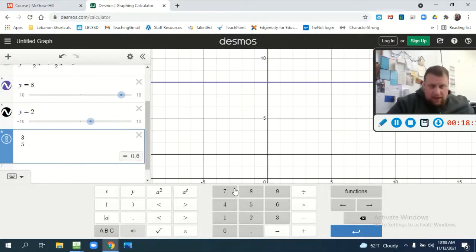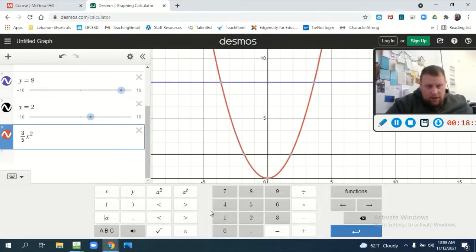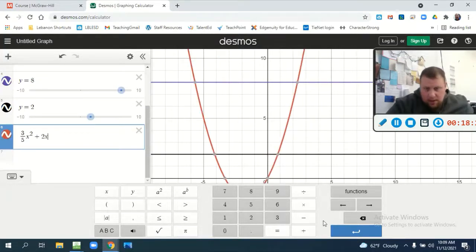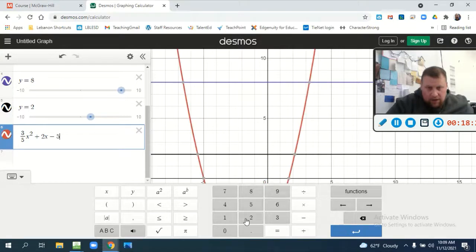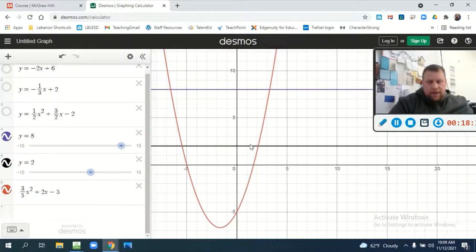But to get that thing out from the denominator, I'm going to go over 1. And I'm going to say x, and then I want it squared. And then maybe plus 2x. And then minus 5. Look at that. See how we've got this graph right here now? Okay. We can see the zeros of it right here. Boom.